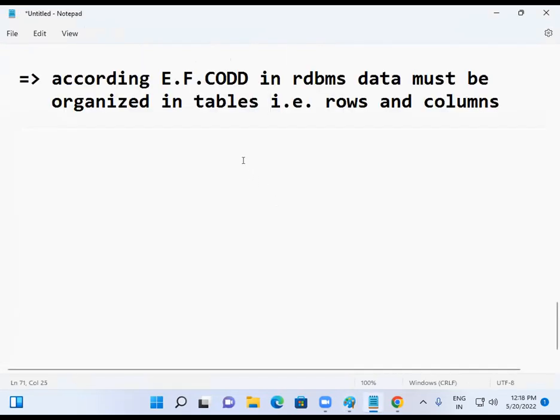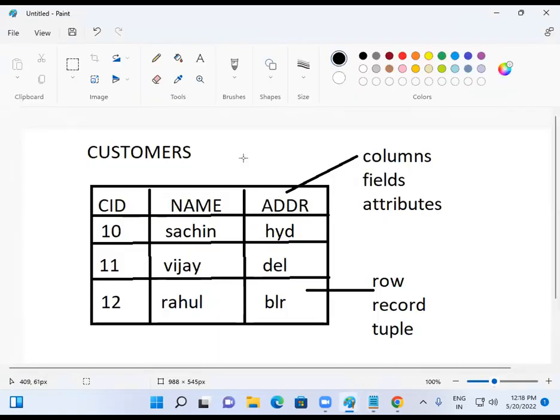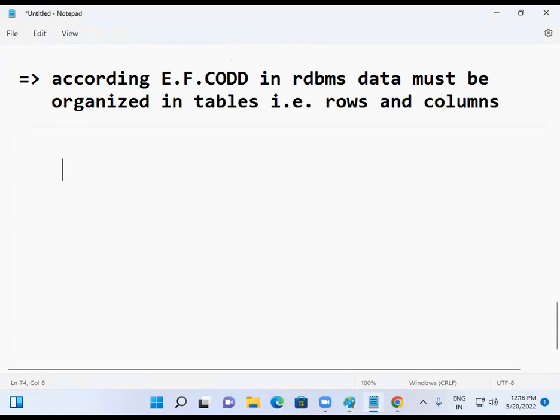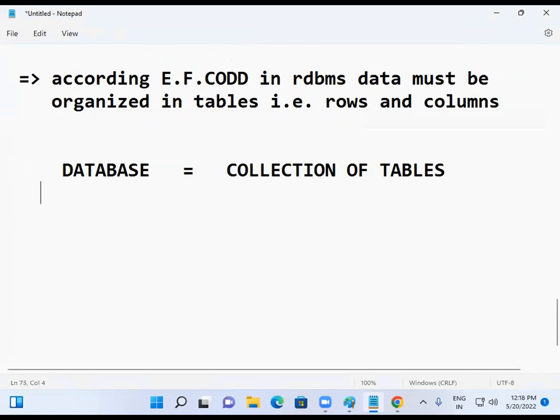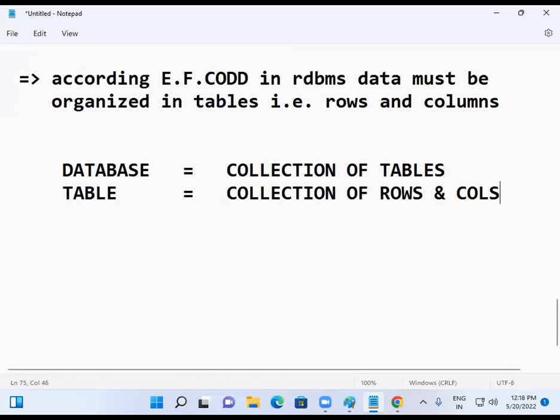Now, according to Codd, what is a database? A database is a collection of tables. A database contains tables, and every table contains a collection of rows and columns.